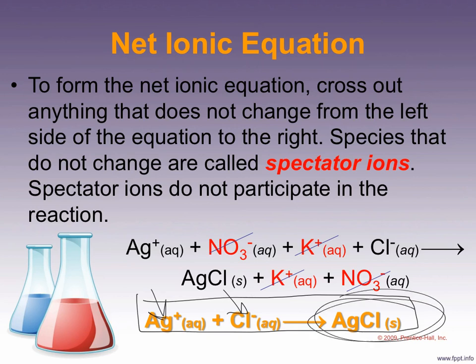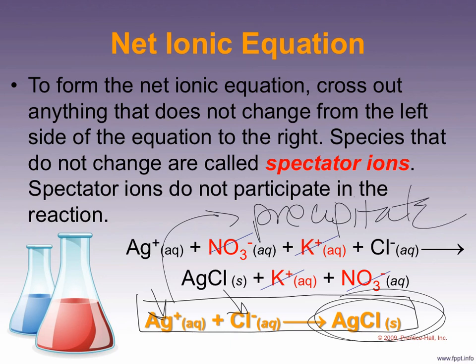So in 90% of the cases, when you write a net ionic equation, it's going to show you the precipitate that forms because that's what's really reacting. Okay. So now what about those ions we crossed out? All of the ions that get crossed out are called spectator ions because they never combine to make a new solid. They remain as individual ions, so they don't participate in the reaction itself.